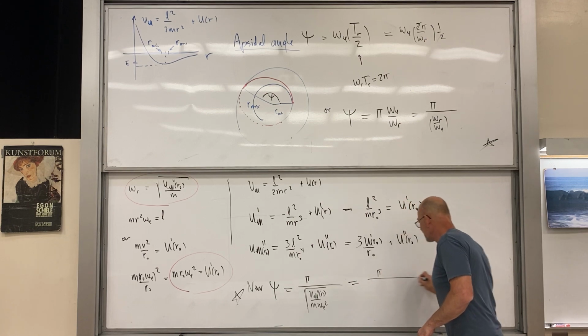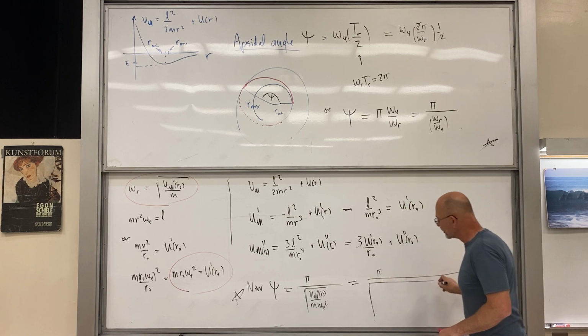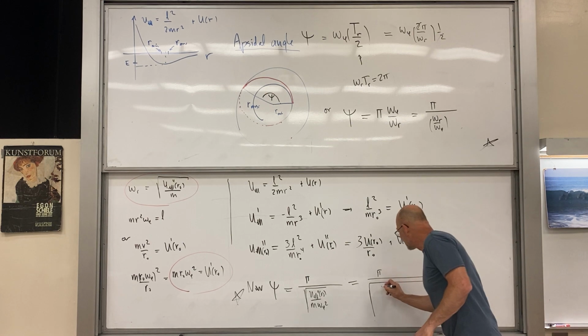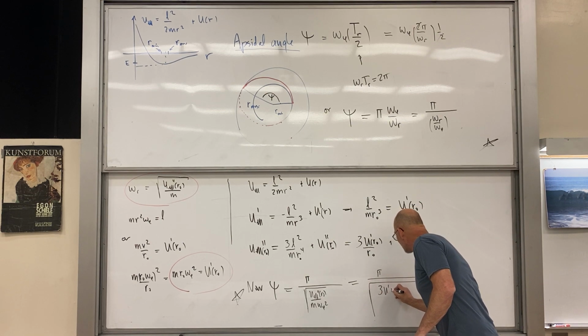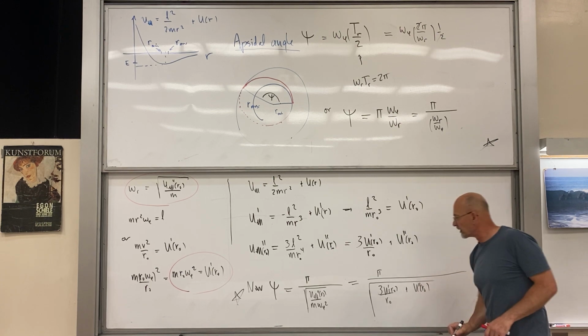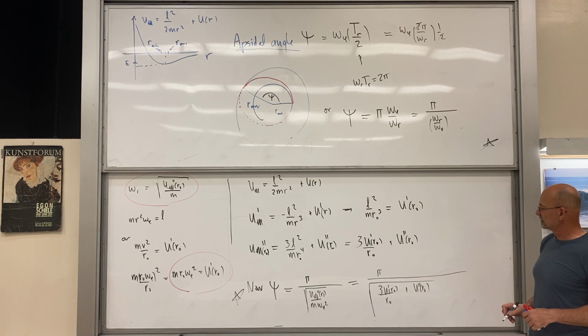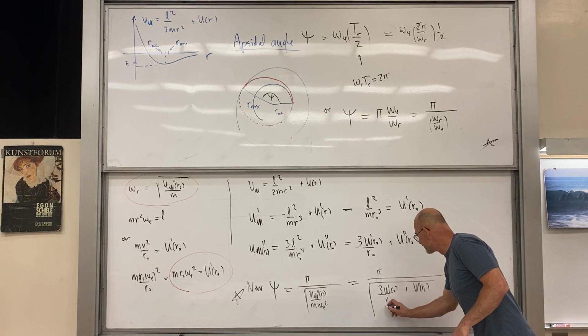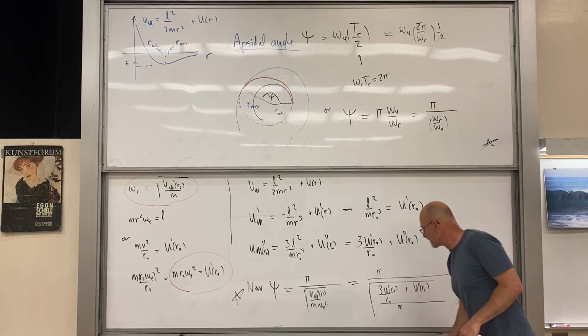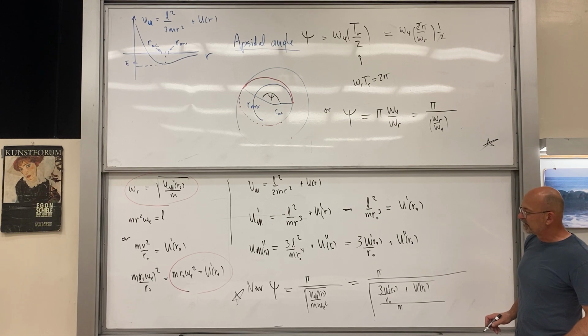That would be pi divided by the root of u effective double prime, so we would have 3 u prime of r0 over r0 plus u double prime of r0, divided by m, and then omega phi squared.